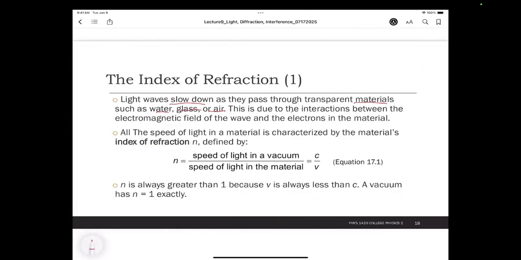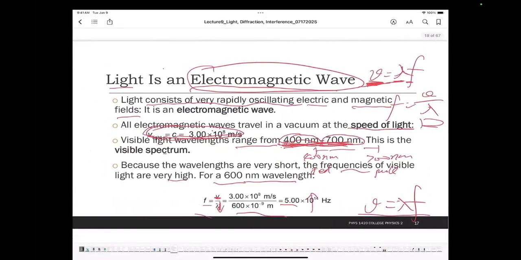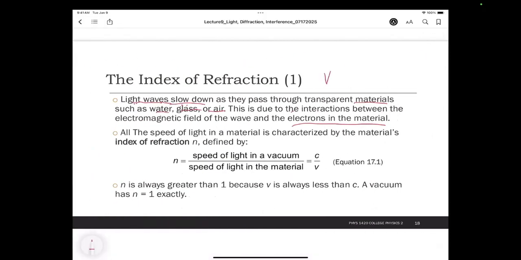This is due to the interaction between the electromagnetic field of the wave and the electrons in the material.